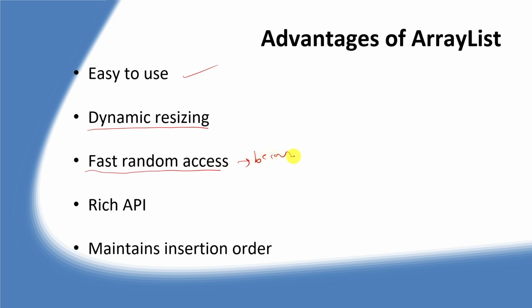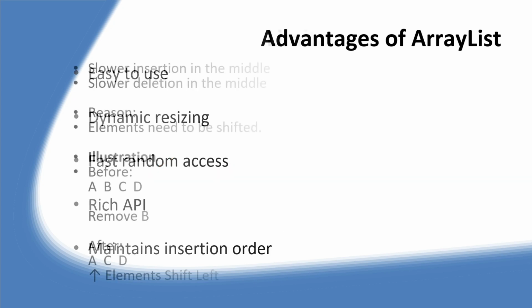Because of indexing. It supports index-based operations, so due to index-based operations, random access is faster. It maintains insertion order and includes many built-in methods for working with data efficiently. So these are the advantages of ArrayList.